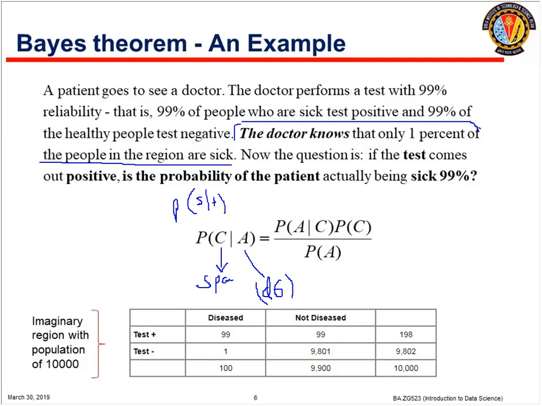We applied the Bayes theorem there. So where did we use that condition that the doctor knows that 1% of the people in the region are sick? That is the probability of C, isn't it? So that was the probability of C here.